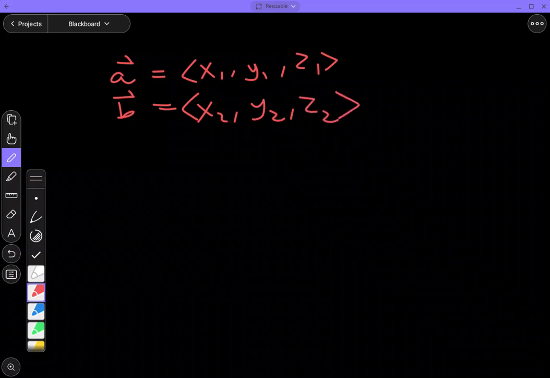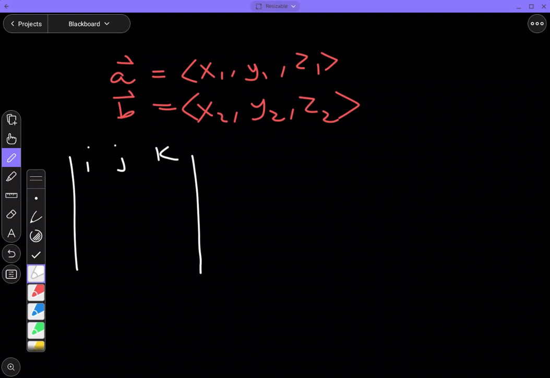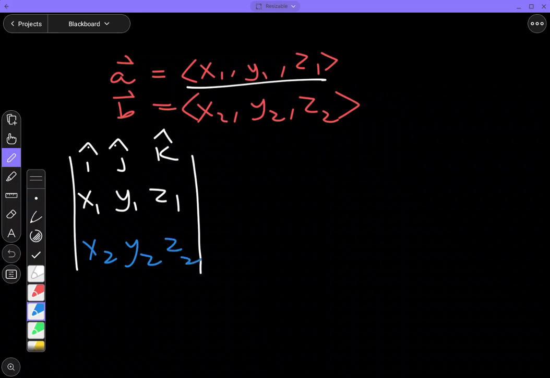Then the cross product can be calculated by taking the determinant of a matrix with the entries i, j, k hat, which are the standard basis vectors, and then the elements of vector A and vector B. So that would be x1, y1, z1 from vector A, and x2, y2, z2 from vector B. If you take the determinant of this, it will give you the cross product.